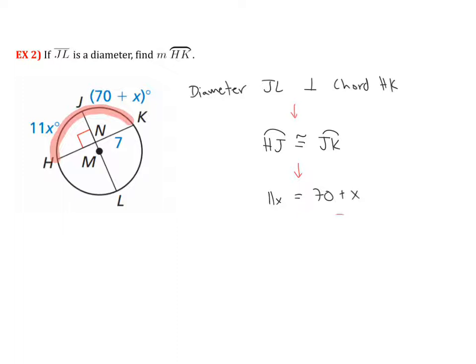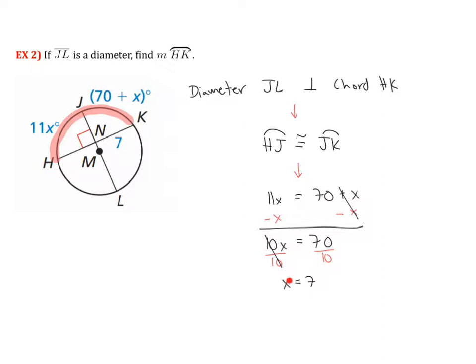Let's collect all of our like terms on one side of the equation. So I'm going to subtract x on both sides. 11x minus 1x is 10x. This is equal to just 70. Last but not least, we're going to divide by 10 on both sides, and we get that x is equal to 7.